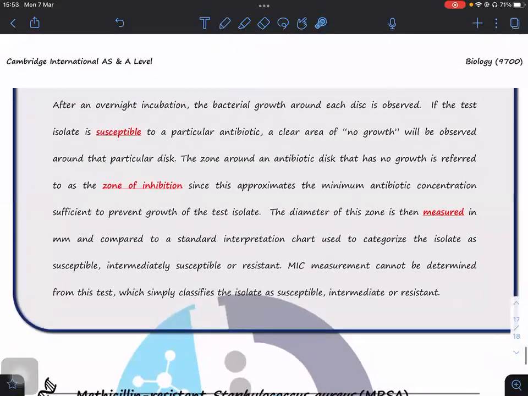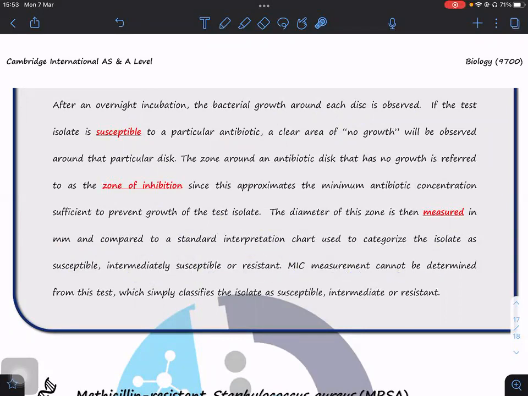After an overnight incubation, the bacterial growth around each disc is observed. If the test isolate is susceptible, meaning it's sensitive to a particular antibiotic, a clear area with no growth will be observed. This zone is known as the zone of inhibition. The diameter of the zone can be measured in mm and compared to standard interpretation charts used to categorize the isolate as susceptible, intermediately susceptible, or resistant.